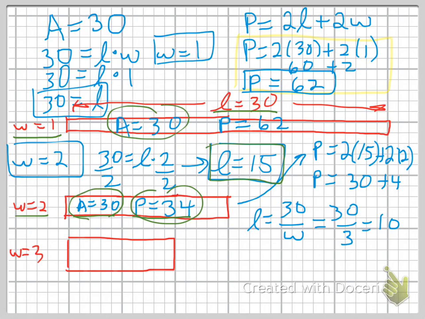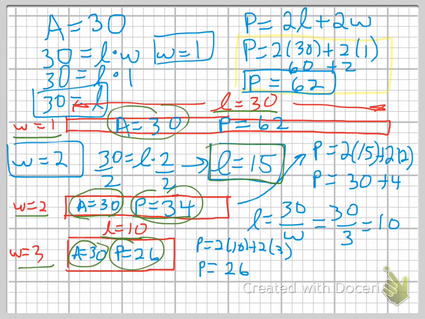Okay, so then my length equals 10, and my area is still 30, but now my perimeter is P equals 2 times 10 plus 2 times 3, and I'm going to get P equals 26. I'll circle those things in green because I'm going to need those later. I really don't need the area because it's the same.